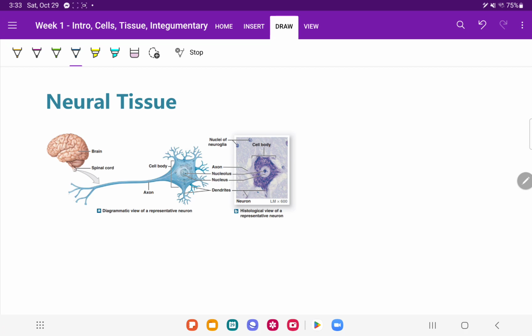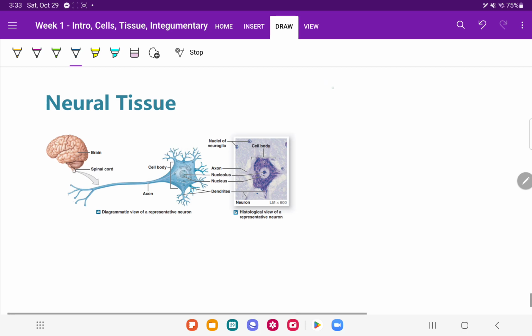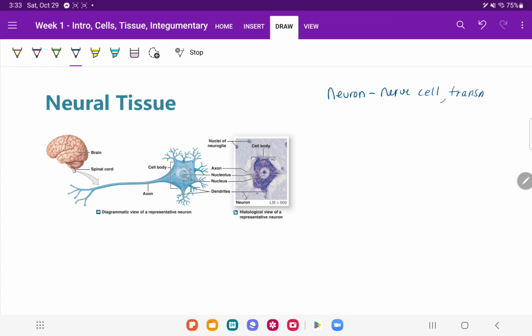A neuron is a nerve cell, and it transmits electrical impulses along the plasma membrane.